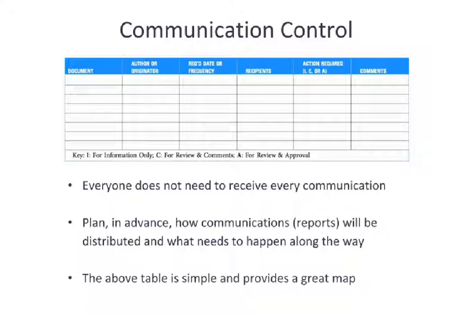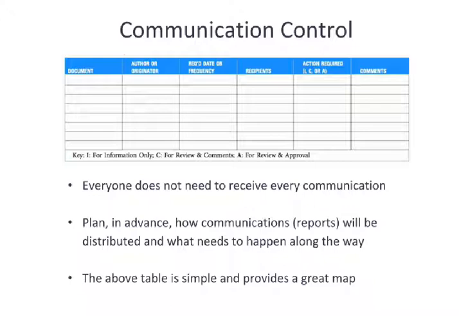Finally, before we close out this summary, you need to control how communication flows, especially written communication within your project. A lot of written communication will happen within the course of a project, especially a longer project, 8, 9 months. A lot of documents are going to be written. Progress reports, memos, letters, final reports, things like that.